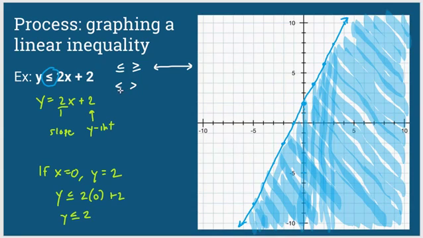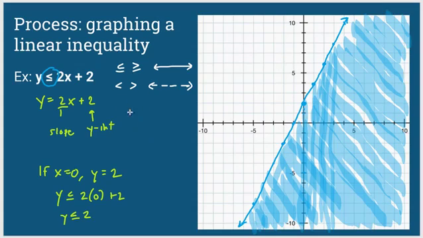If we have just less than or just greater than, that means that we're not actually including the points where y is equal to whatever the right side of the equation says. We're only including the points that are less than that or greater than that. And the way we're going to indicate that is with a dotted line. It's very much like when we were doing number line problems and we used either a closed circle, which would be like the solid line, or an open circle, which would be like the dotted line on the graph.